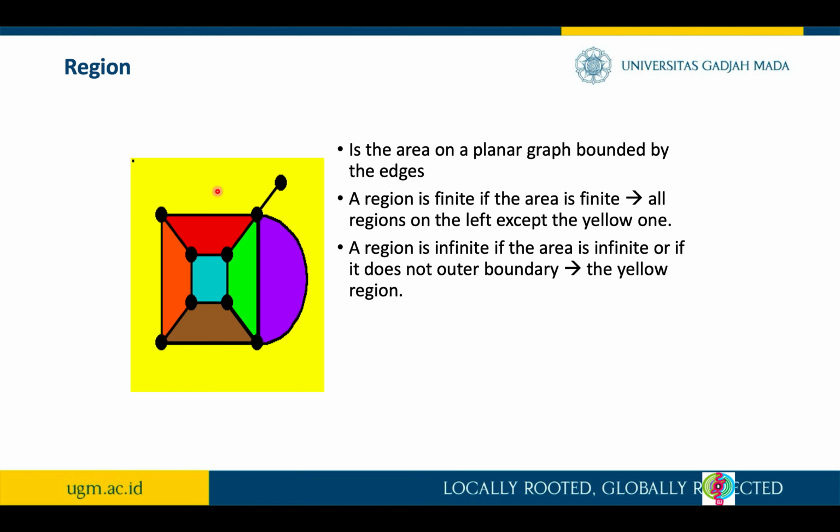But the yellow one doesn't have an outer boundary. It is bounded by the internal edges here, but outside there's actually no boundary. So the area here is infinite, and it is called an infinite region.